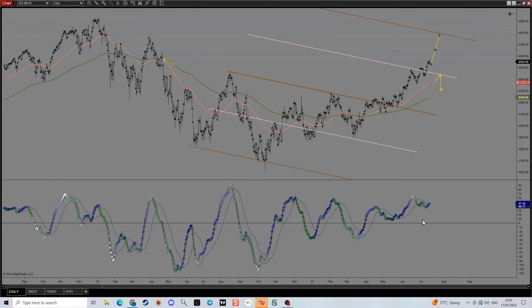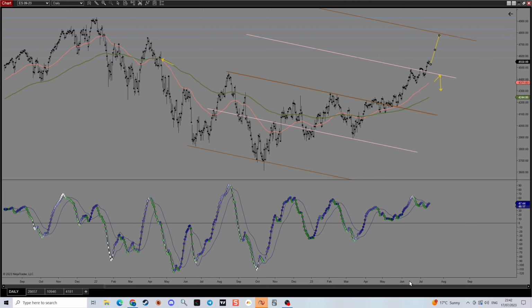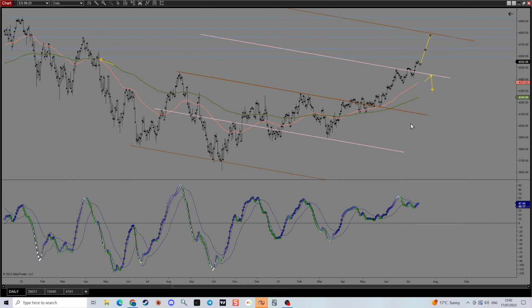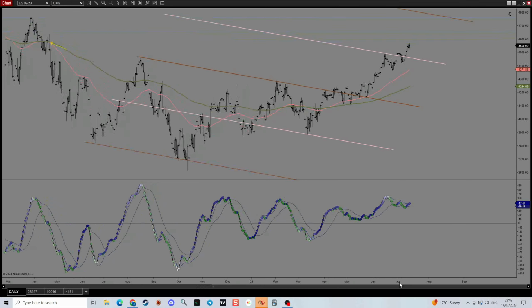Let's take a look at the MACDs and see if that helps us determine which one of those scenarios may be more likely to play out. One interesting thing on here, if I just scale this in a bit, we do have quite significant divergence. We have these three pivots here, which line up with the three pivots on the MACDs.